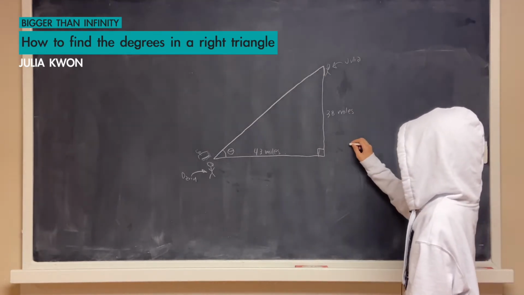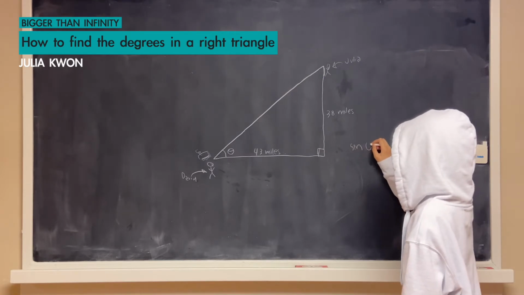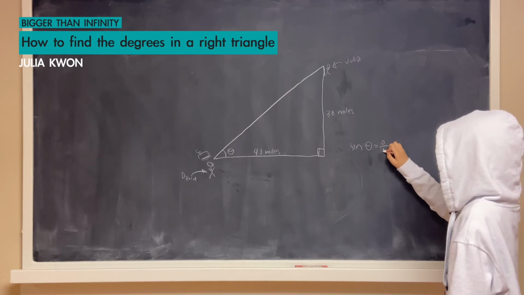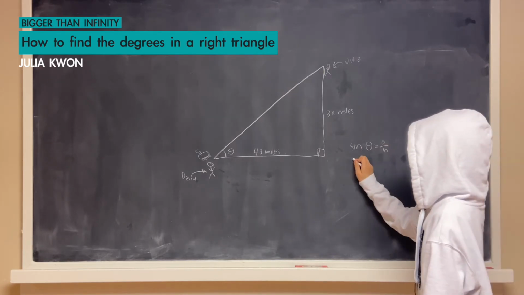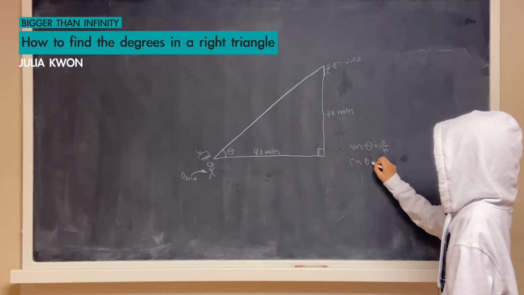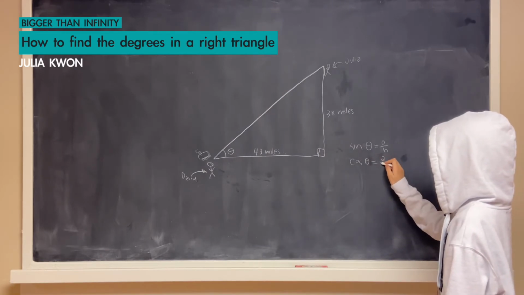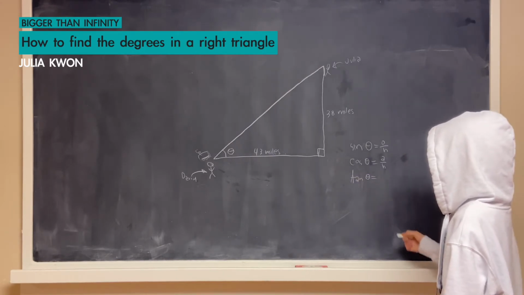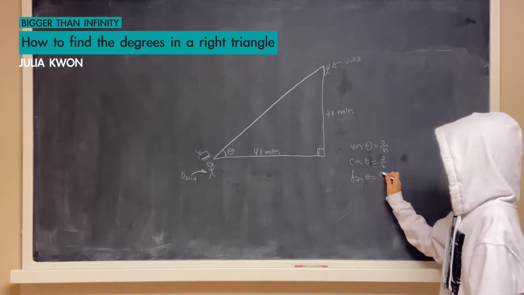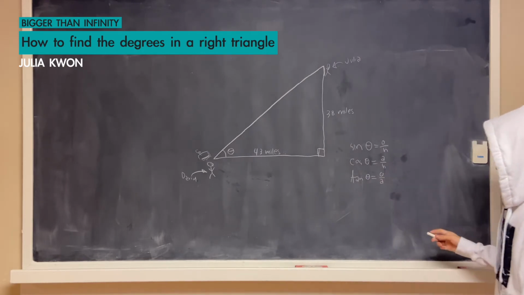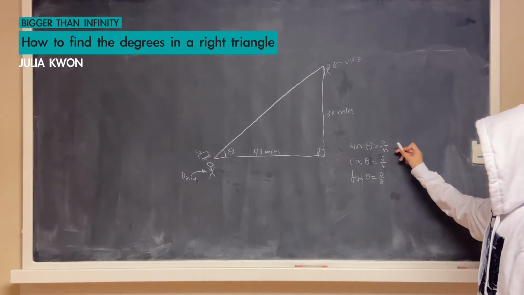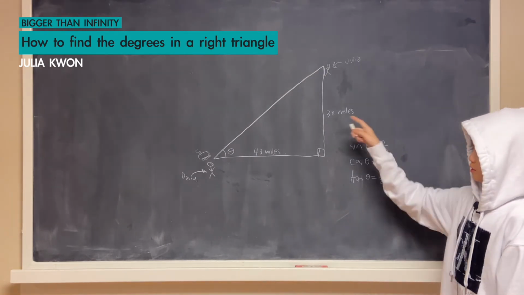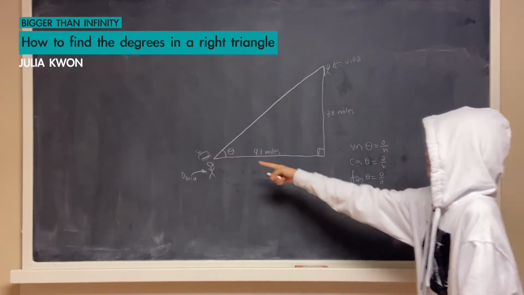So for the sine theta, we would have the opposite over the hypotenuse, and for the cosine theta, we would have the adjacent over the hypotenuse, and for the tangent theta, we would have the opposite over the adjacent. And so we're going to have to use one of these to solve for the theta here.